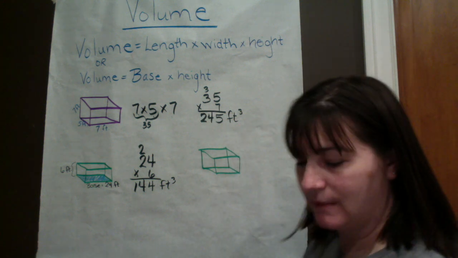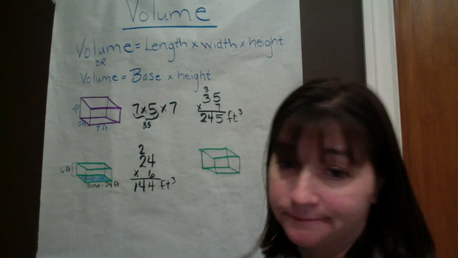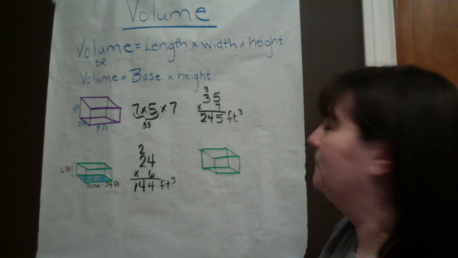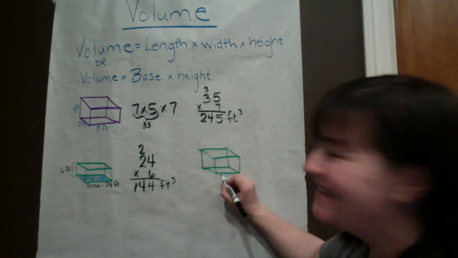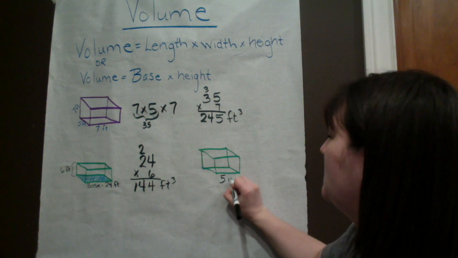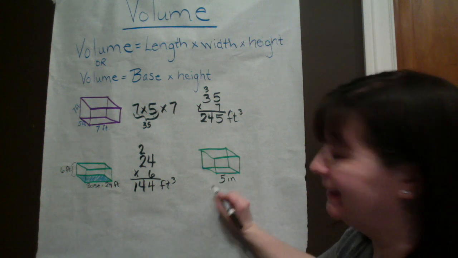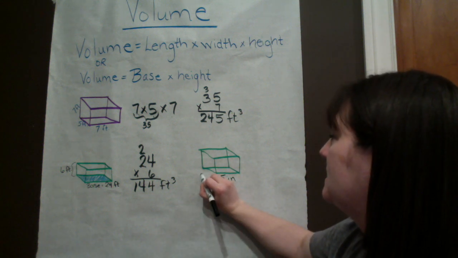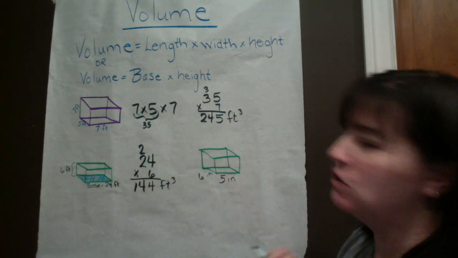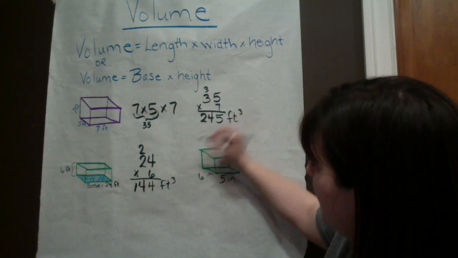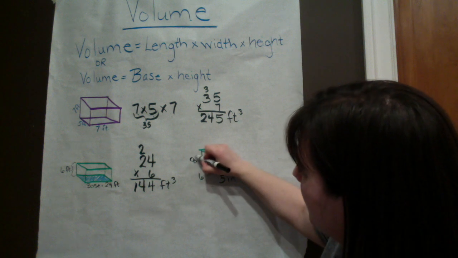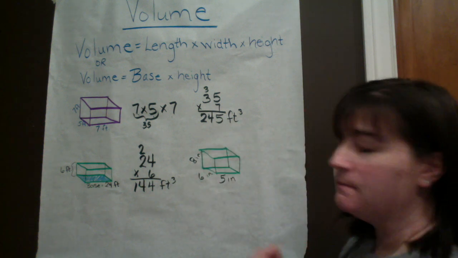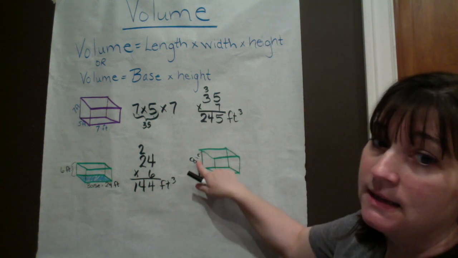My shapes aren't perfect, so you'll just have to forgive me. Okay, and so this one is going to be 5 inches length. We'll make this 6 inches width, and we'll make the height 8 inches. Okay, so I have to take 5 times 6 times 8.